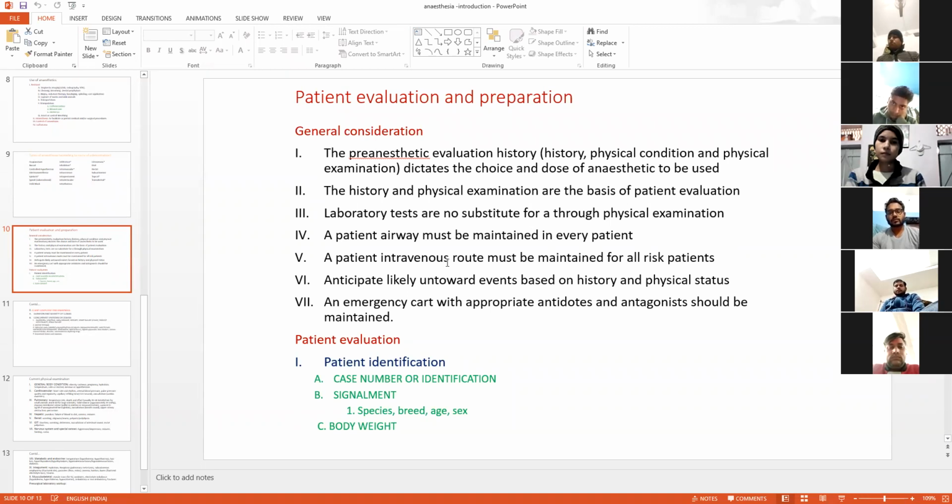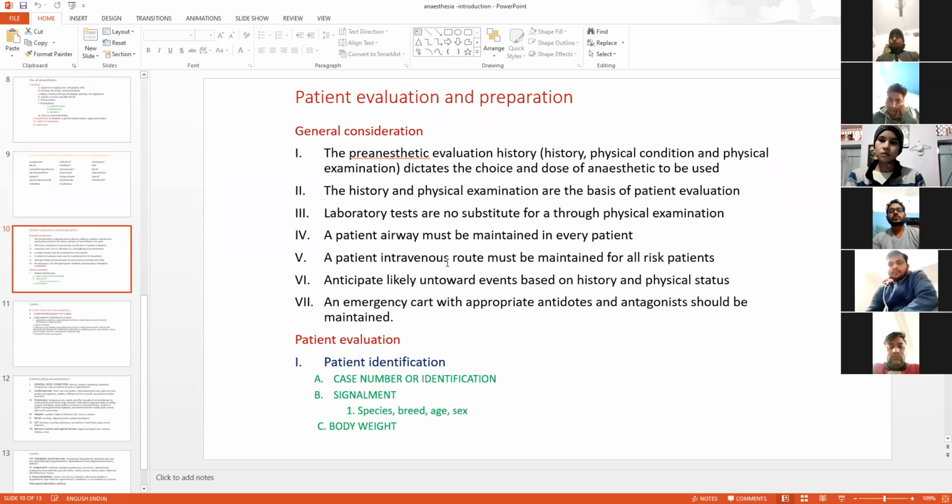So evaluate all the things very carefully. Being curious, you have to do that first. Every examination should be properly done. You have to take everything into account. Then only you will be able to monitor anesthesia efficiently.